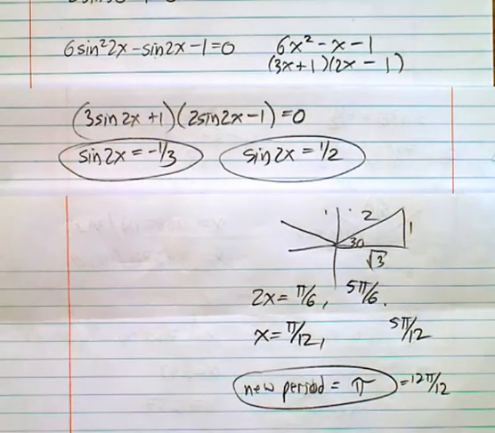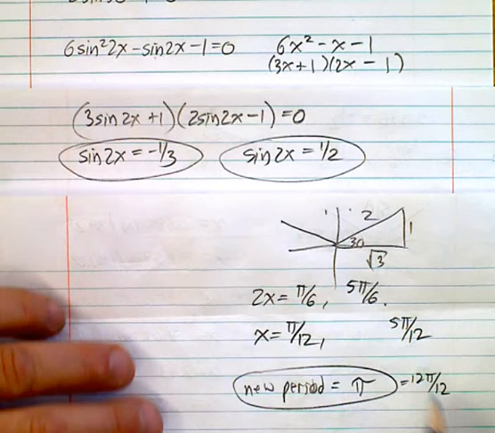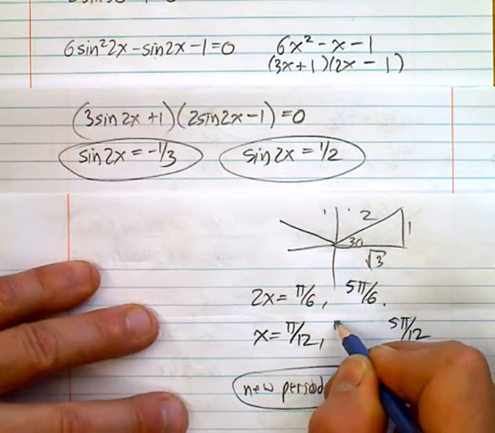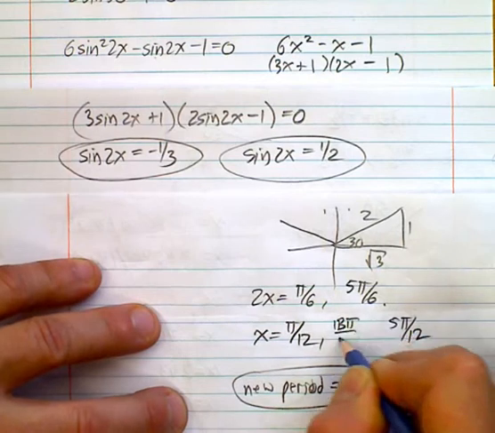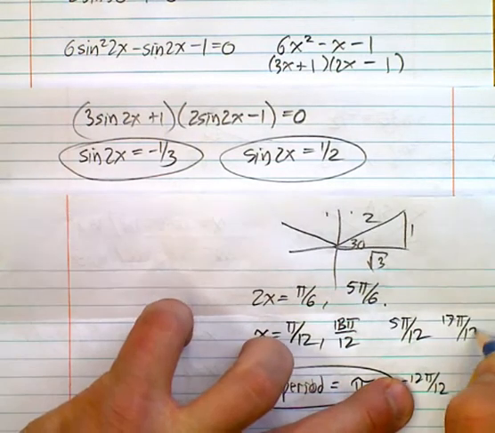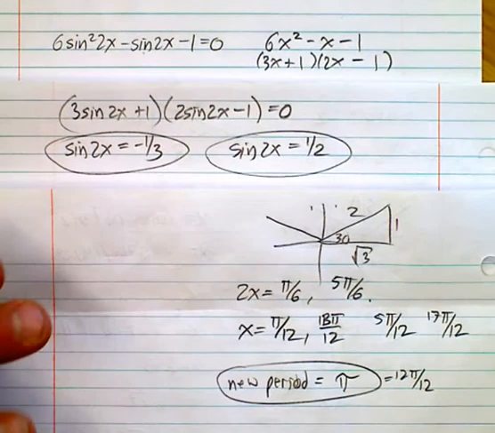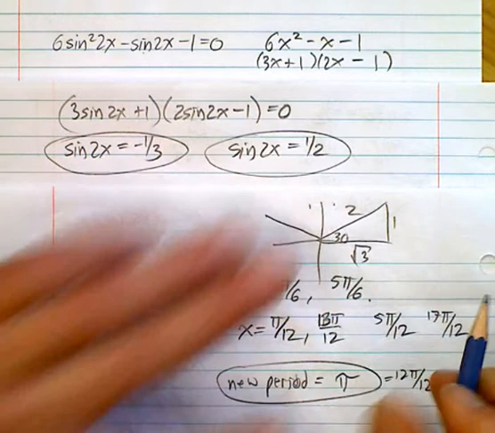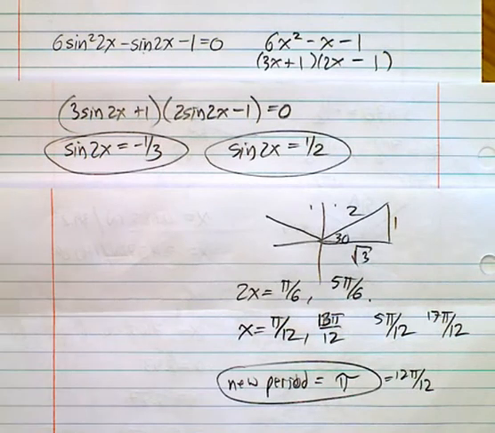Now if I add 12 pi over 12, I get 13 pi over 12. And if I add 12 pi over here, I get 17 pi over 12. And those are my 4 answers that you're going to get from that first situation. So pi over 12, 5 pi over 12, 13 pi over 12, and 17 pi over 12.